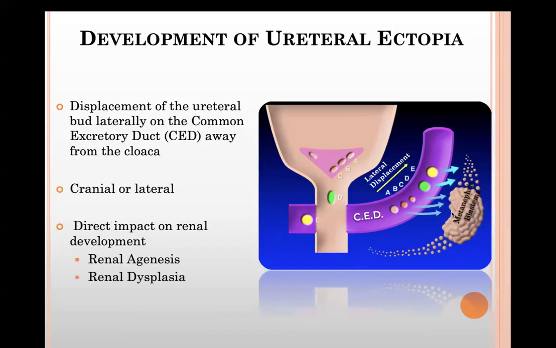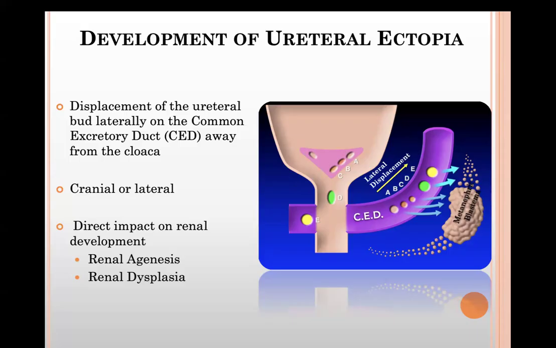So if we think about ectopic ureters, one major theory is that if that ureteral bud is not where it's supposed to be, say position A, and is more laterally displaced in the areas of, say, B, C, D, or E, we can see that abnormalities are suddenly going to happen.